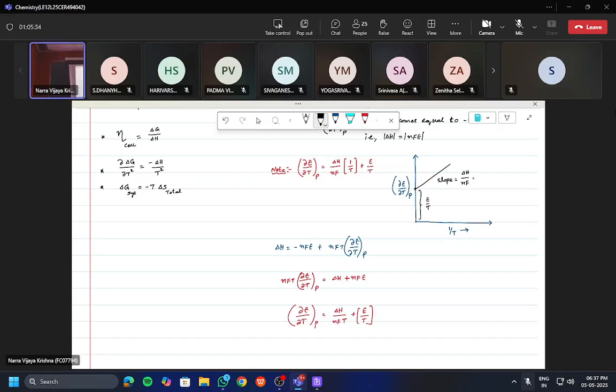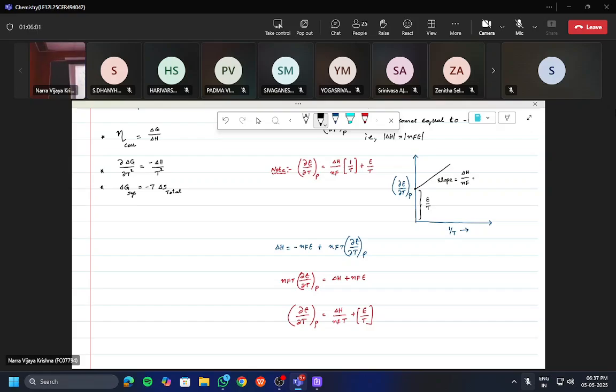Or I will write intercept equal to delta H upon nF and slope equal to E. Correct or not? So can I say intercept and slope? What is the difference between intercept and slope now in this equation?